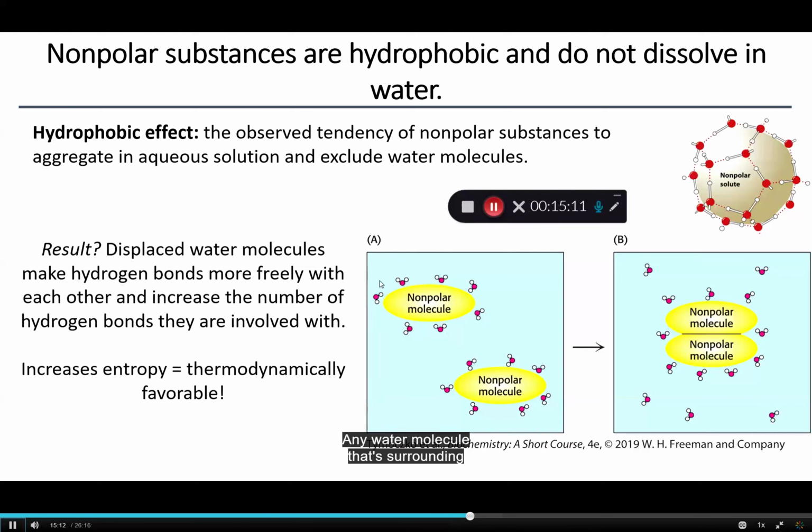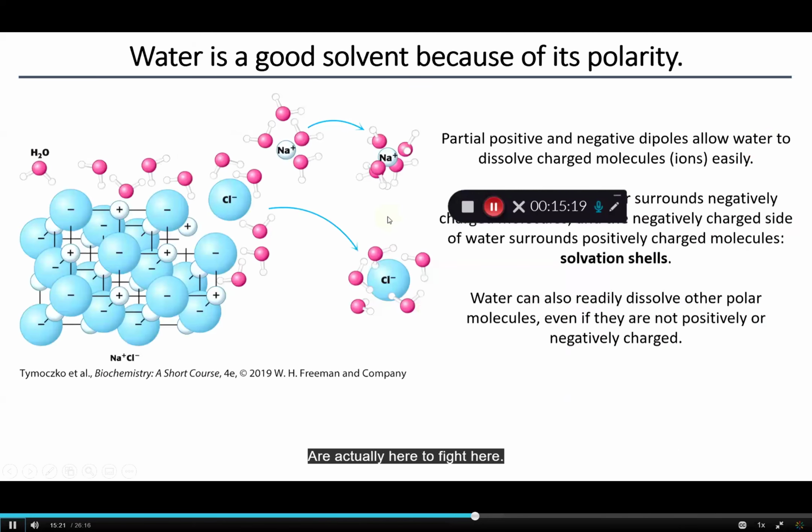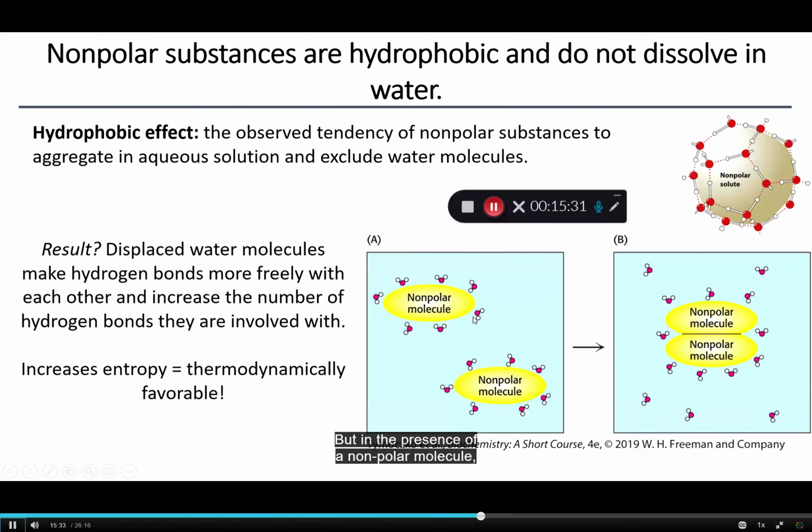Any water molecule that's surrounding a nonpolar molecule cannot participate in as many hydrogen bonds as it otherwise normally would. Let's look back at this slide here. So water is participating in reactions here in ionic bonding. Water is also participating in hydrogen bonding with itself, but in the presence of a nonpolar molecule, neither of those things can happen. So what happens is nonpolar molecules will cluster together, which will decrease the amount of ordered water around this molecule.